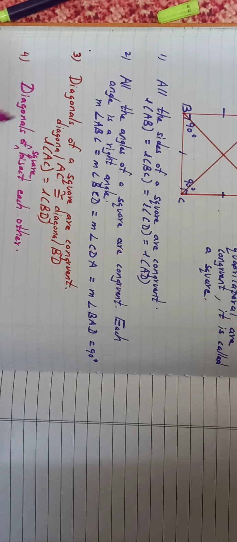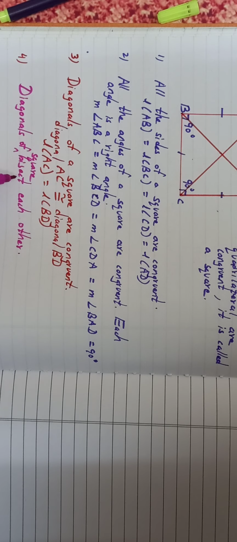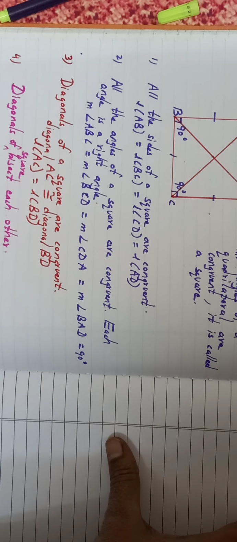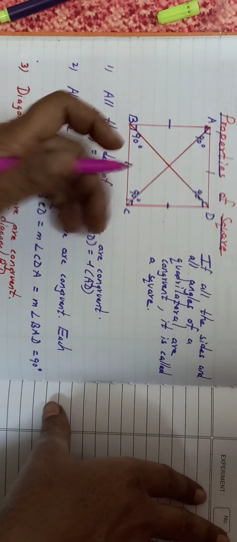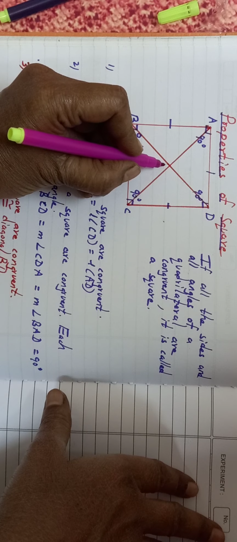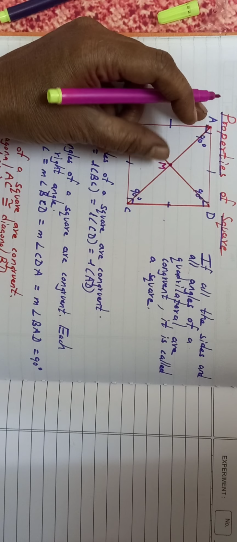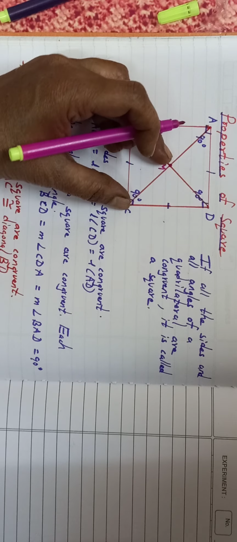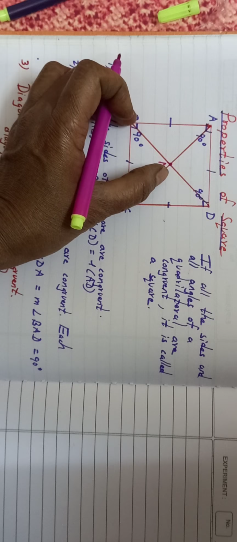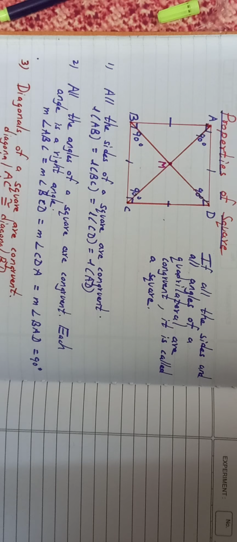The next property: diagonals of a square bisect each other. Now, bisect each other means what? Here, if you see these two diagonals, they are intersecting at point M. So length of AM will be equal to length of MC and length of BM will be equal to length of MD. This is the meaning of bisecting each other.